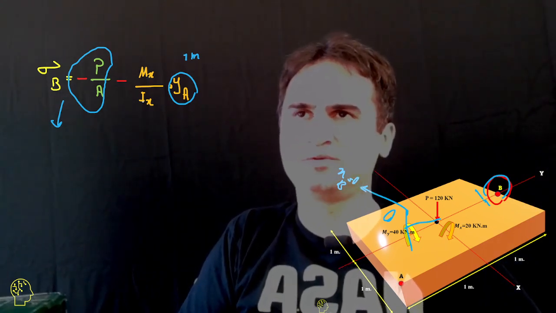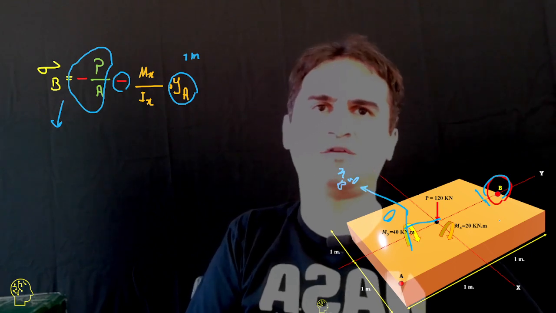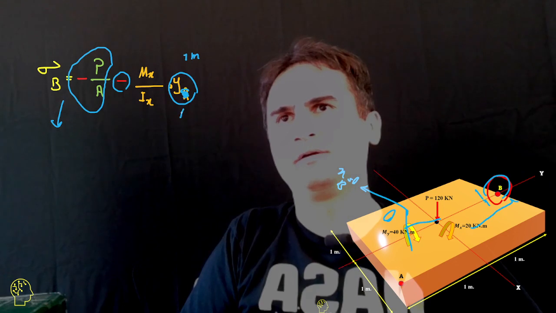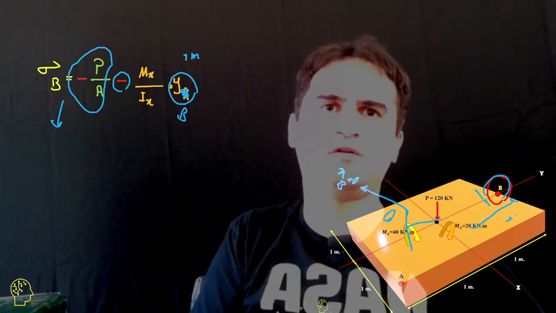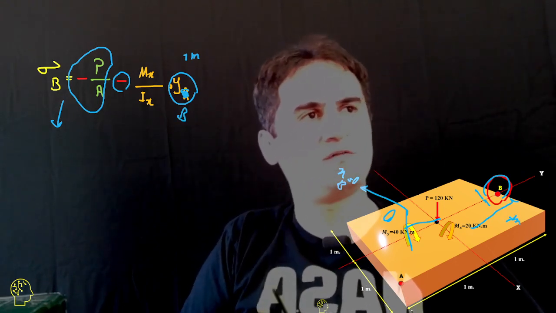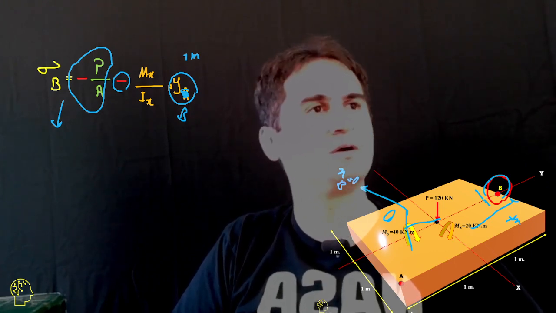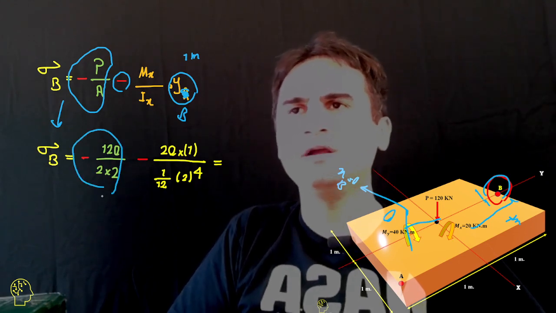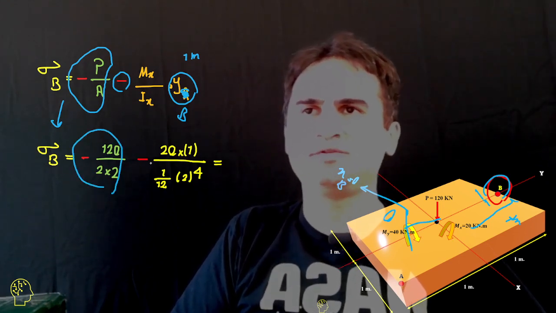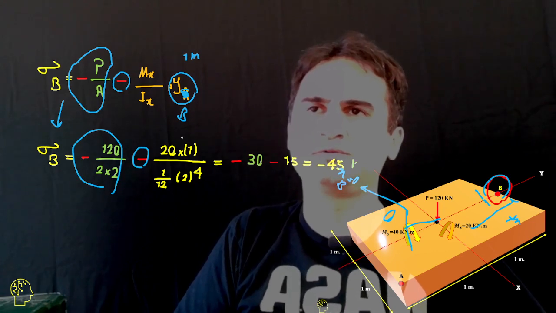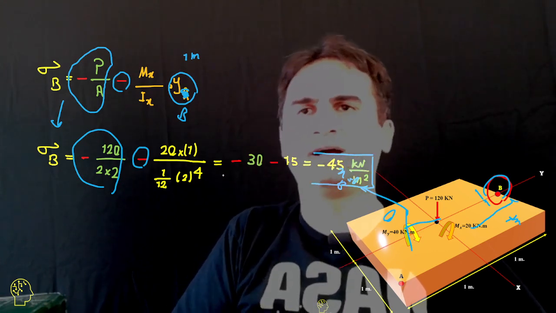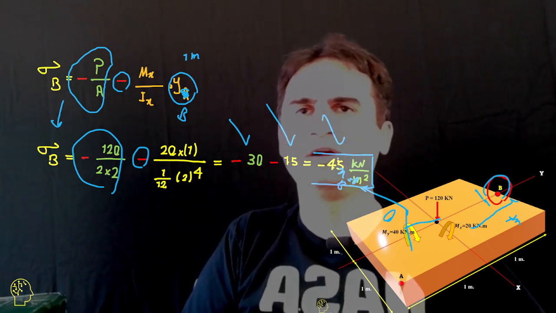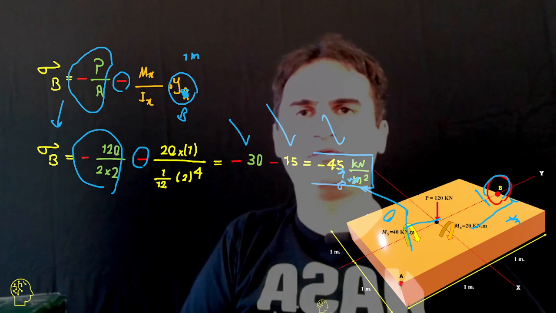That's Mx over Ix, a push, times yB, which is again 1 meter, half of the dimension of our square foundation. If you put in the numeric values, it's negative 120 over 4 meters squared, minus 1 times Mx term, and it turns to negative 30, negative 15, and that's 45 kilonewtons per meter squared.